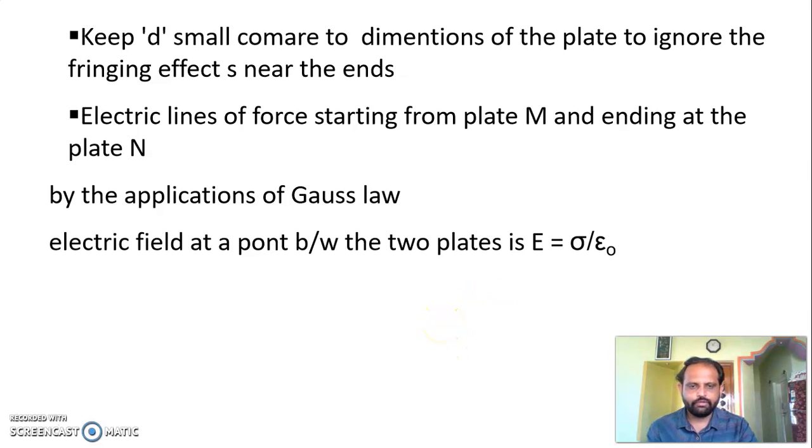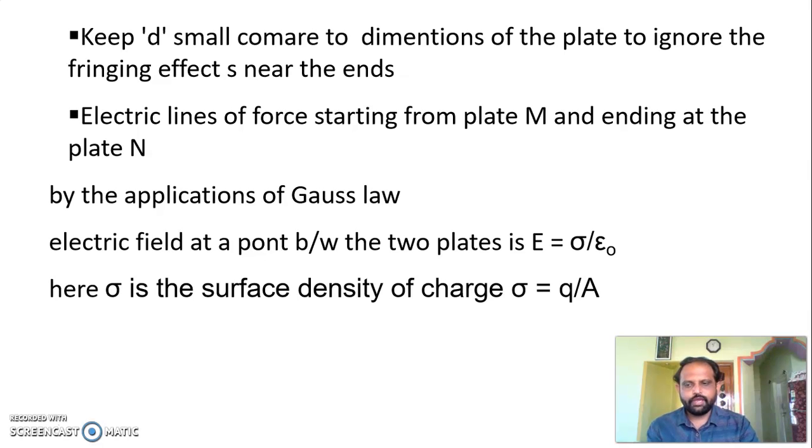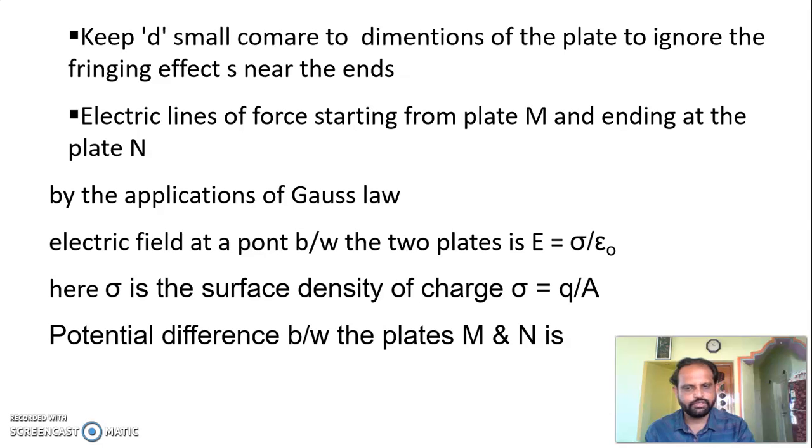But here we have two parallel plates, so the net electric field will be sigma divided by epsilon naught. Here sigma is the surface charge density, so sigma is equal to charge divided by surface area, sigma equals Q divided by A.